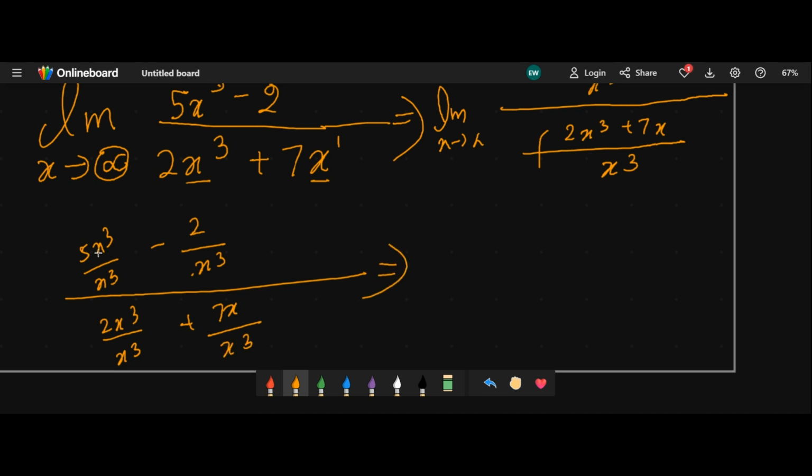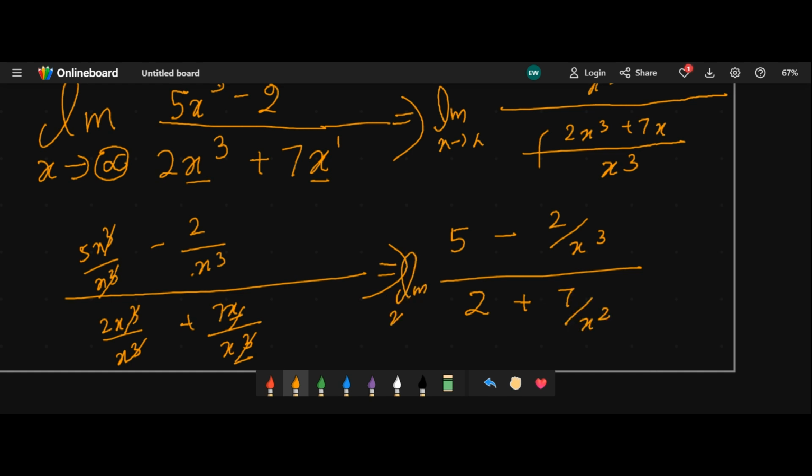This x cube cancelled, so it will be 5 minus 2 divided by x cube, over 2 plus, here there is x and here x cube, so if x is cancelled, it will be 7 divided by x squared. So the limit as x tends to infinity.